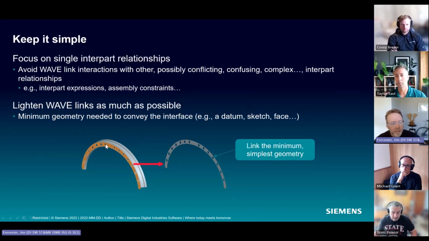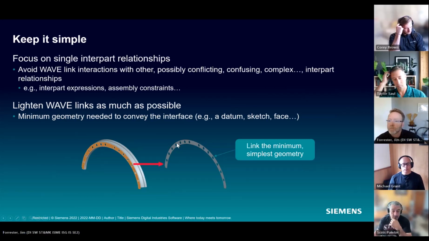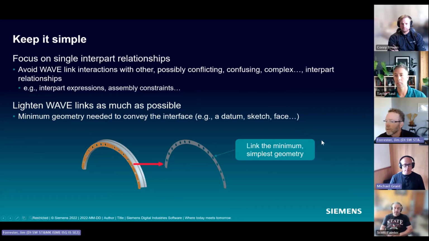So their position and size can be conveyed by only wave copying that face. Try to avoid wave copying the entire component. Things get heavy in that destination component fast. Updating a face is very robust. It's very fast. It's very light. Does that make sense? Yeah, that's a good point.